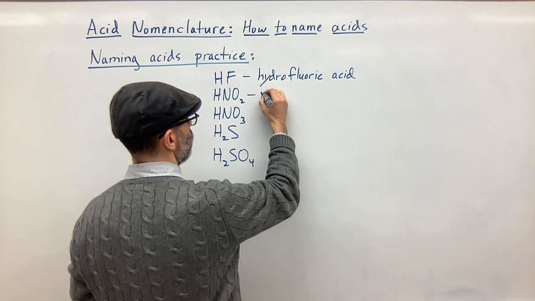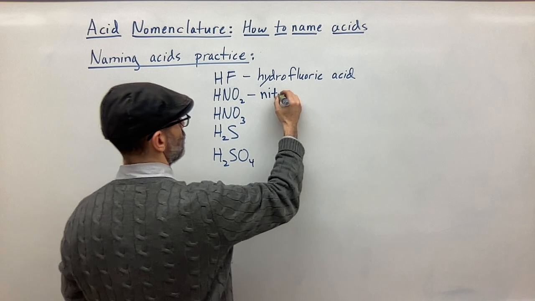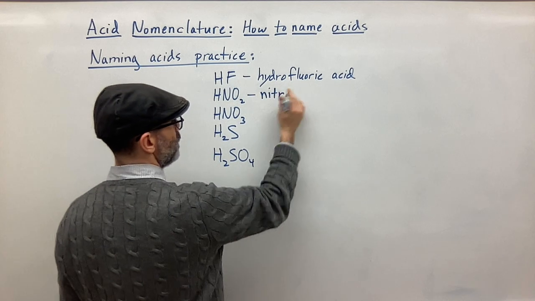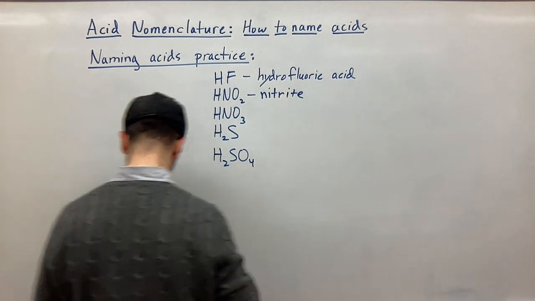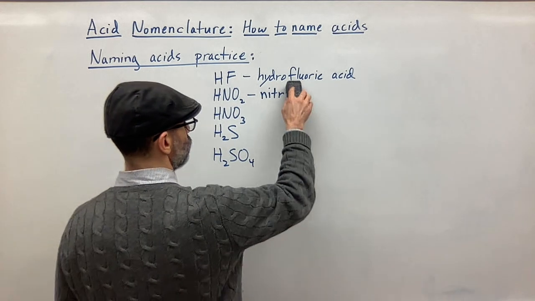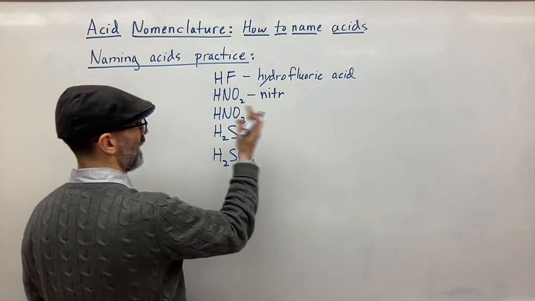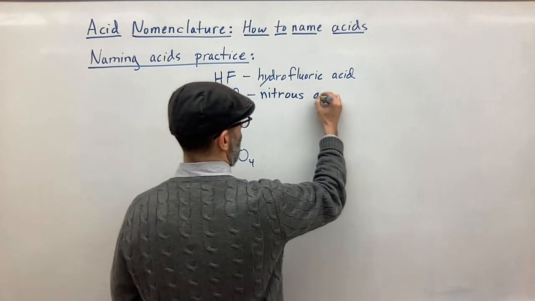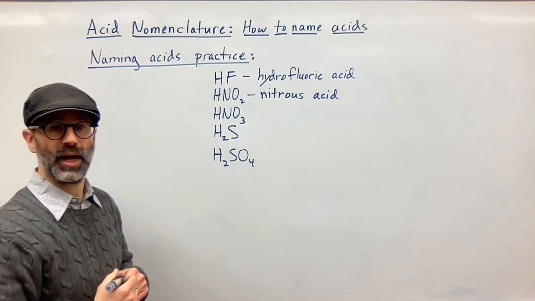So we're going to start with nitrite and drop the IT ending. And since this is IT, it's going to be an OUS ending. And then add the word acid. So nitrous acid.